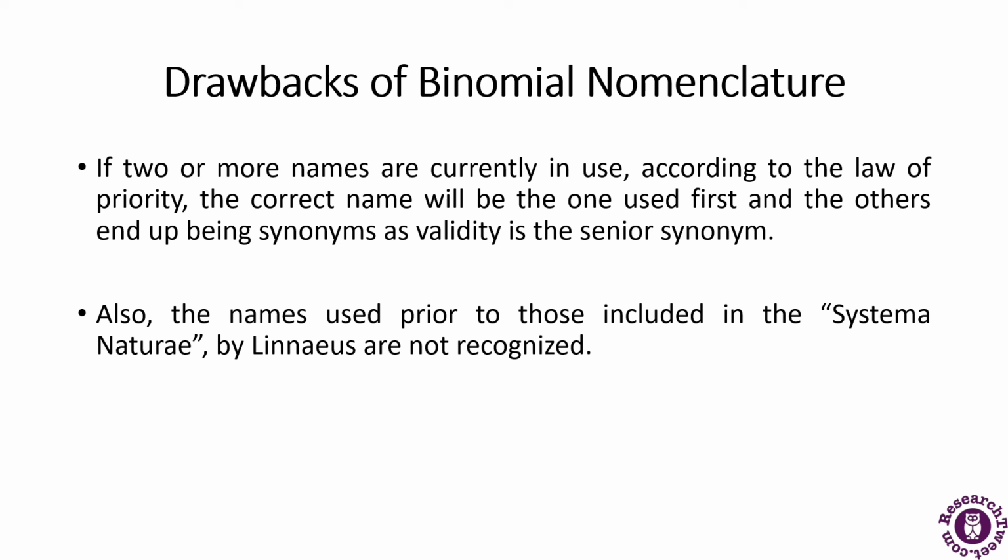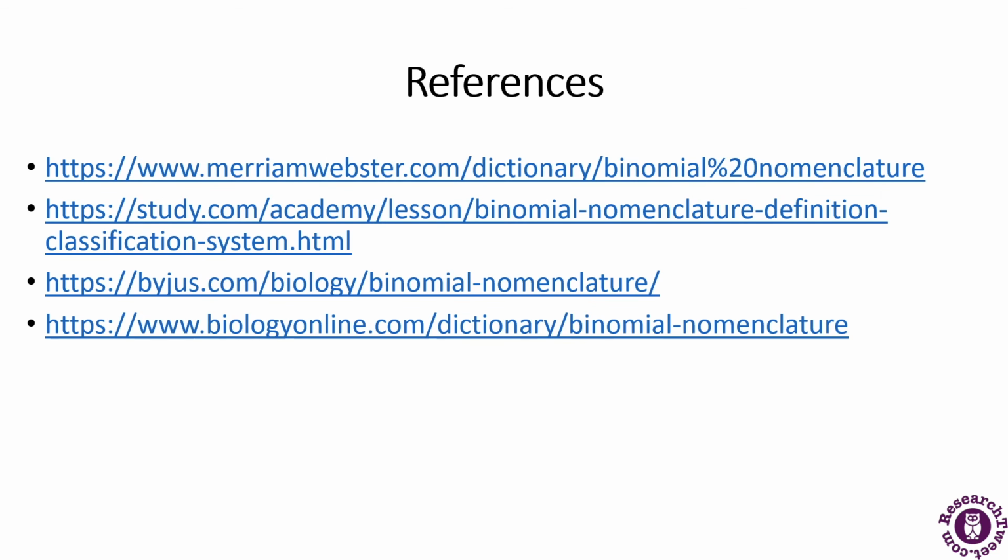The names used prior to those included in the system are not recognized. So these are the drawbacks of binomial nomenclature. This was all about the naming system, or the binomial nomenclature system.